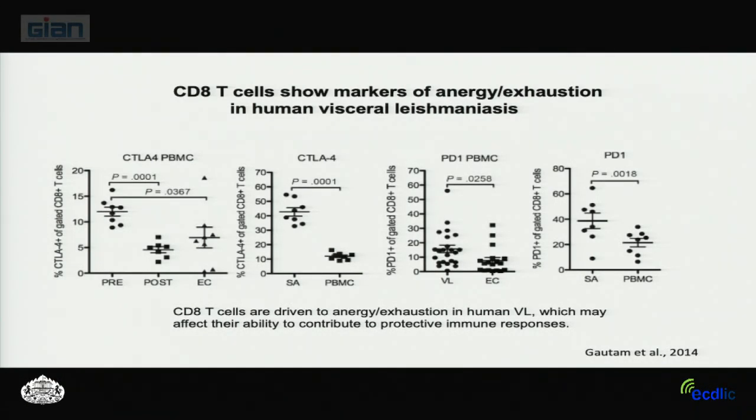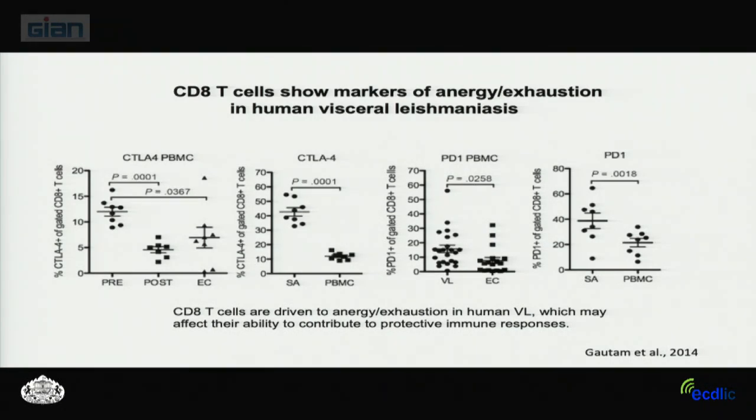So then, in terms of PD-1, especially if they looked in splenic aspirate cells, the splenic biopsy tissue, which is the lesional tissue in the spleen, the frequency of cells expressing the PD-1 marker is quite high. So CD8 T cells may be driven to anergy and exhaustion in human VL, which may affect their ability to contribute to the protective response.